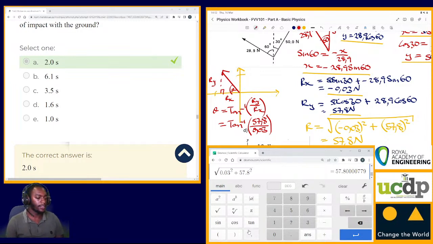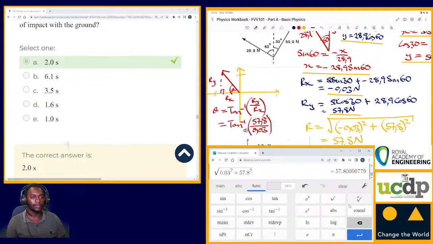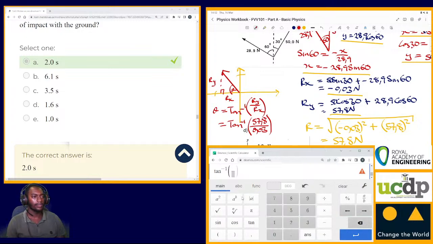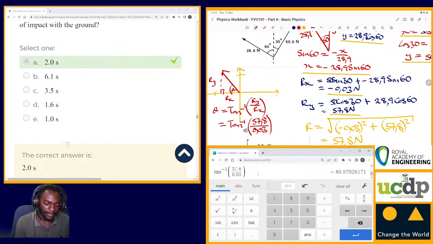Then what do we do next? 57.8 over 0.03 gives 89.97, but this is not the angle that we're looking for.